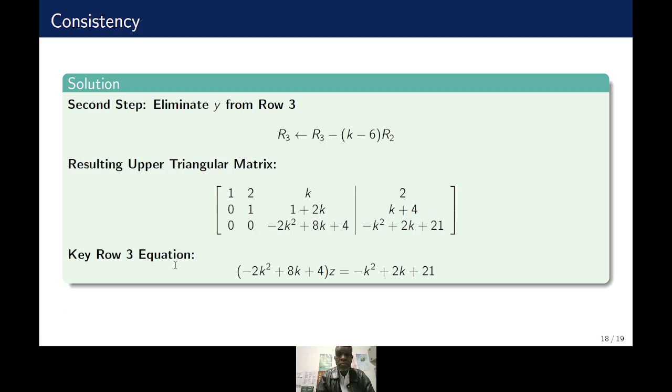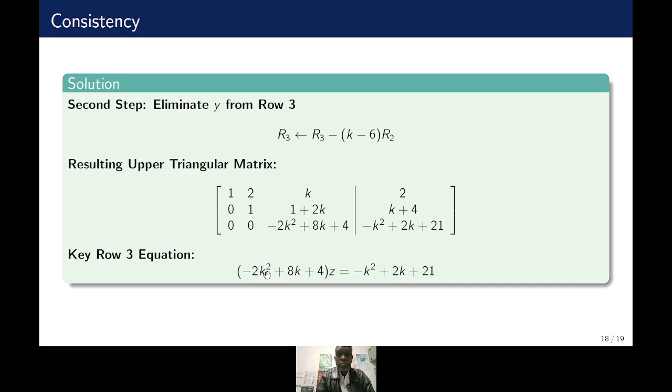Now what we have is this. The third equation means this multiplied by z is going to be equal to that. So this is going to determine the nature of our solution. If the left hand side is 0 and the right hand side is not 0, then you have no solution.